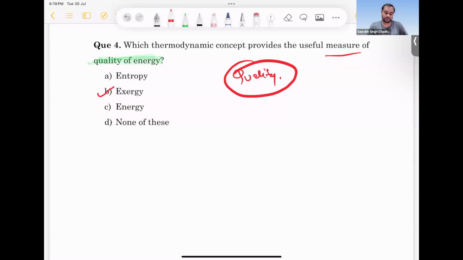It is like the maximum work which can be extracted from a given system at a given state in a given environment. So the correct option should be exergy. It is related to entropy, but since only one option is correct, exergy should be the correct one. So let us move to the next question.